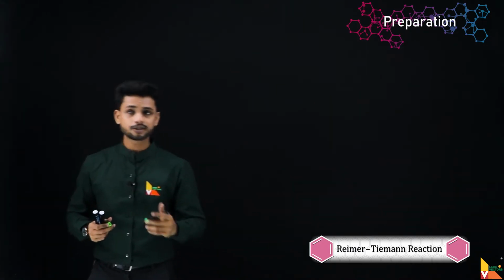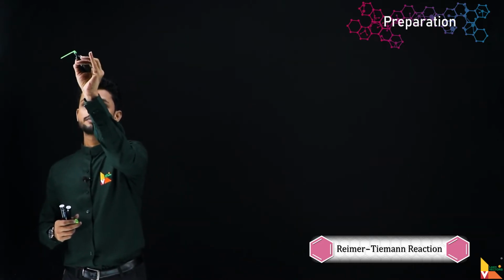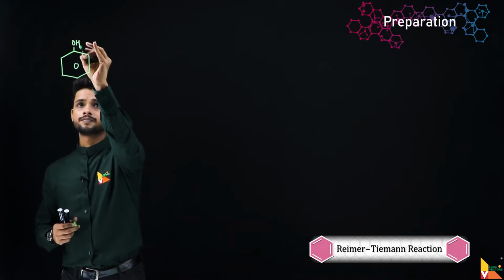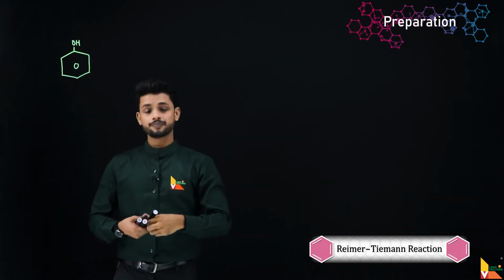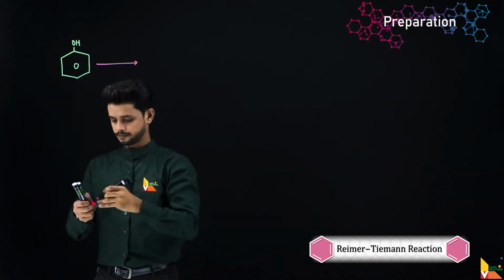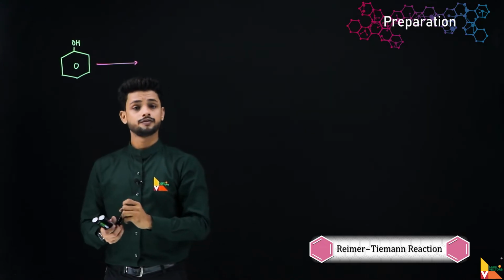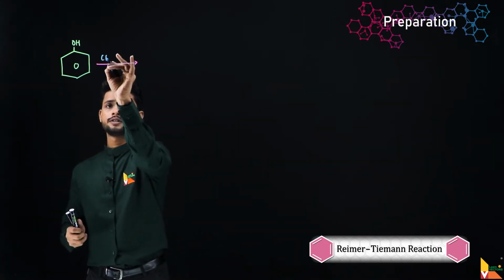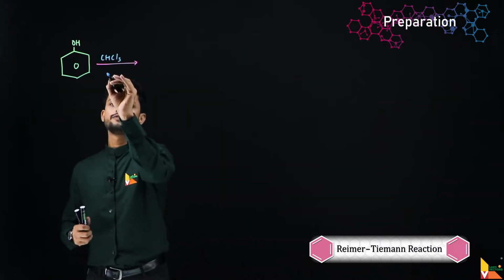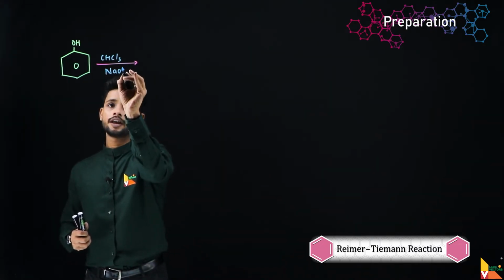So now let's see how the reaction goes. Here, first of all, we will take a phenol. Okay. So we have a phenol. Now we will react it with, first, let's say, CHCl3, that is chloroform, and we will use NaOH.